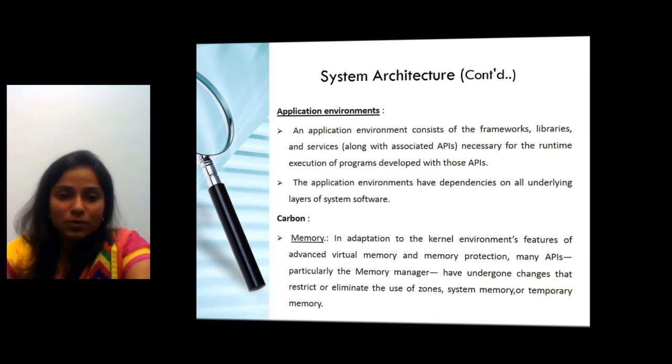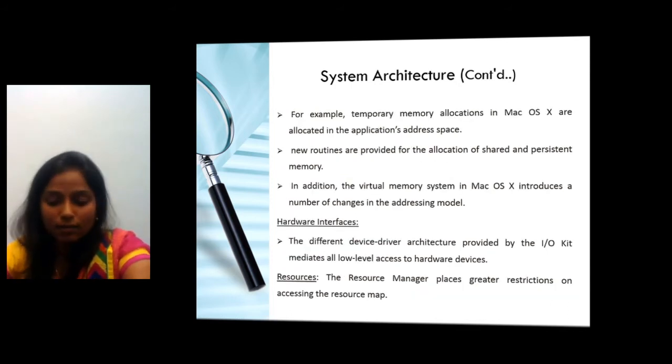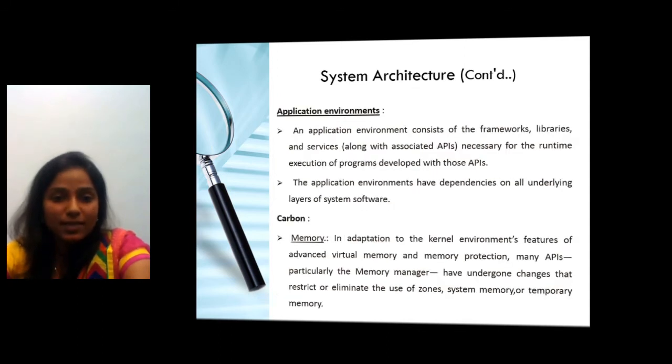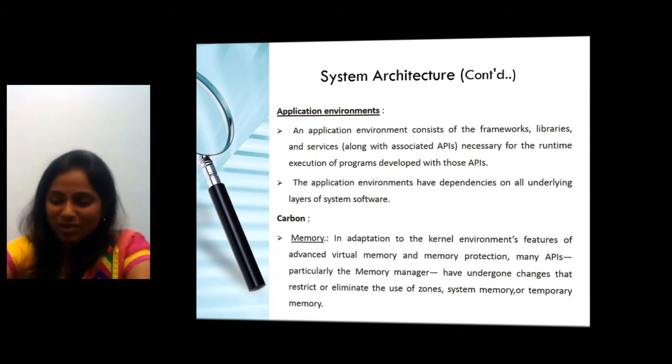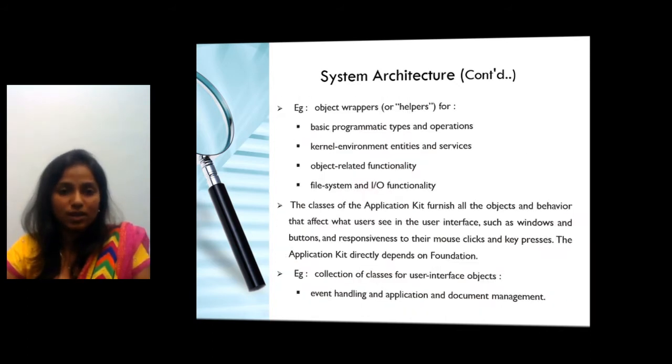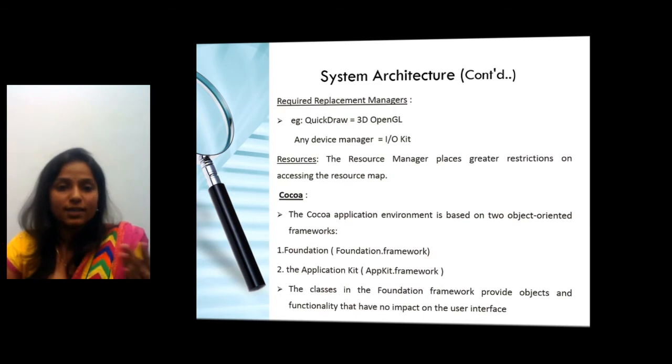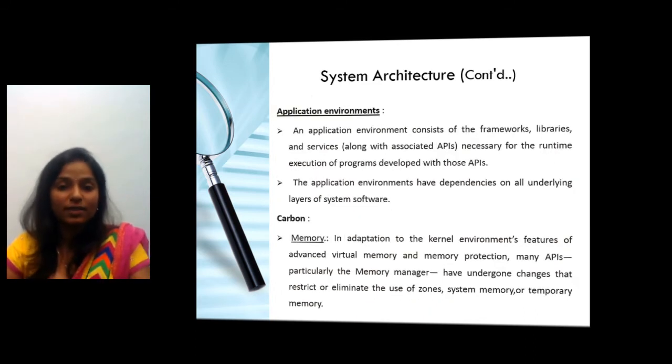The application environments contain Carbon, Cocoa, and Java applications. Carbon, in adaptation to the kernel environment, features advanced virtual memory and memory protection. Many APIs, particularly the memory manager, undergo changes that restrict and eliminate the use of system memory zones. Carbon handles the memory allocations that were handled by the memory manager, eliminating unused zones, system memory, and temporary memories.